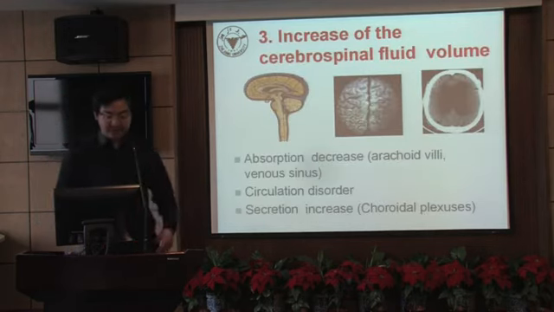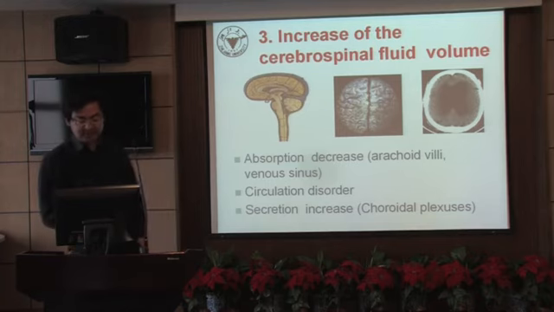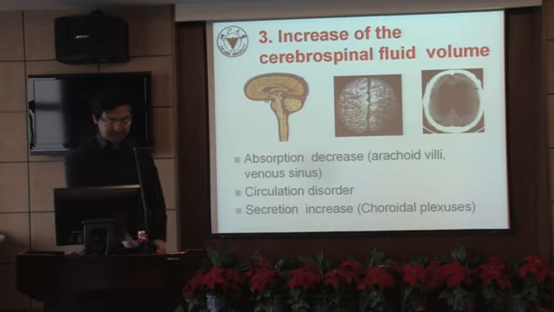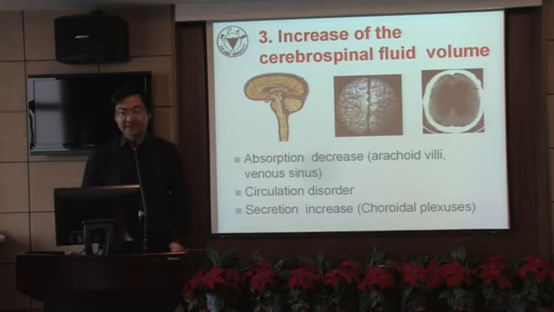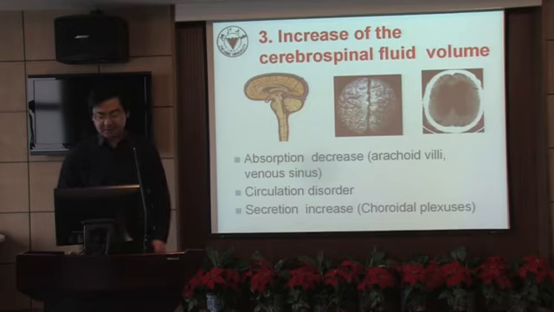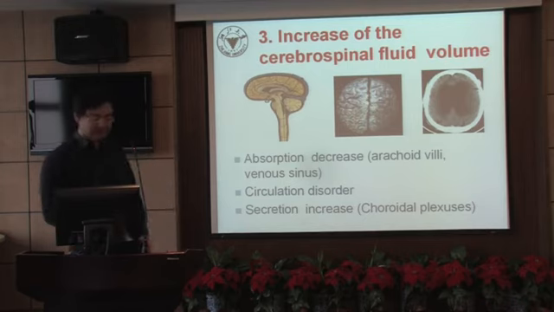The third cause of intracranial hypertension is increase of the cerebrospinal fluid volume. Usually, cerebrospinal fluid, we call CSF, is secreted by the choroid plexus. When there is inflammation or a tumor in the choroid plexus, the choroid plexus will increase secretion of the CSF.